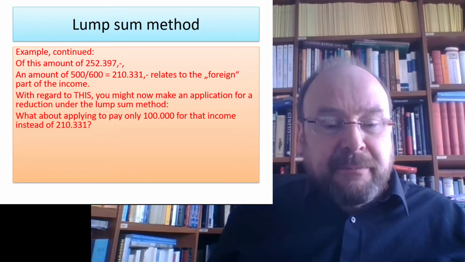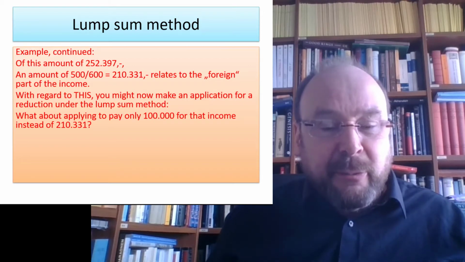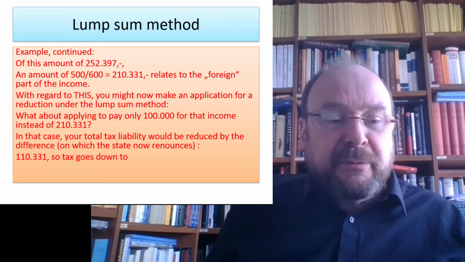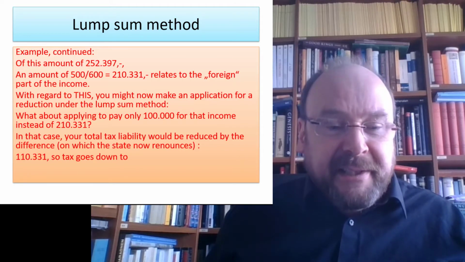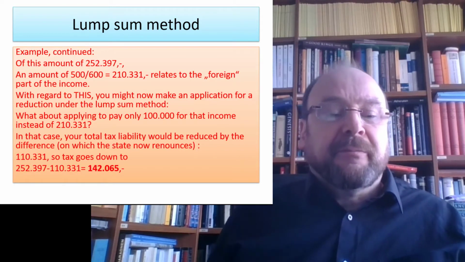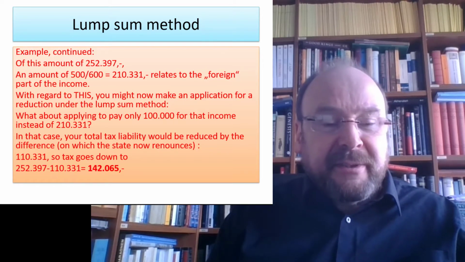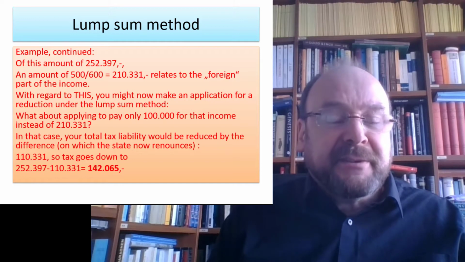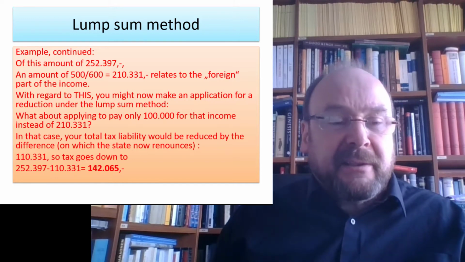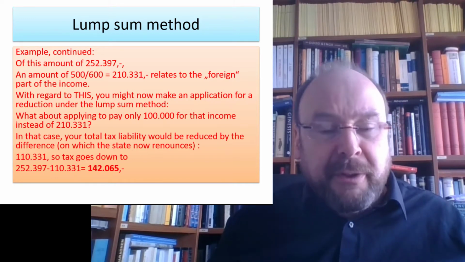In that case, the fisc would renounce on 110,331, and so your tax burden would go down by this amount exactly, and 252,397 would go down by 110,331 to 140,065. That would be just how the method works.